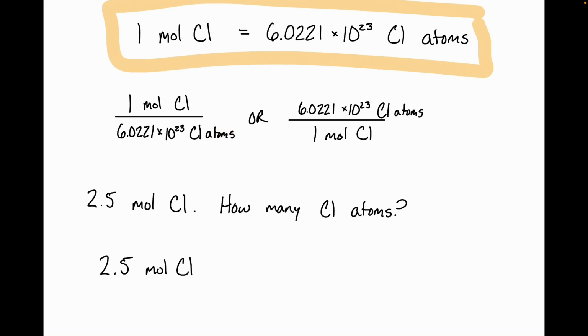Which one am I going to pick? The one on the left or the one on the right? Right? And why am I going to pick the one on the right? Because that will help me cancel out moles and leave me with what I want, which is atoms of chlorine. So set this up such that moles are on the bottom.